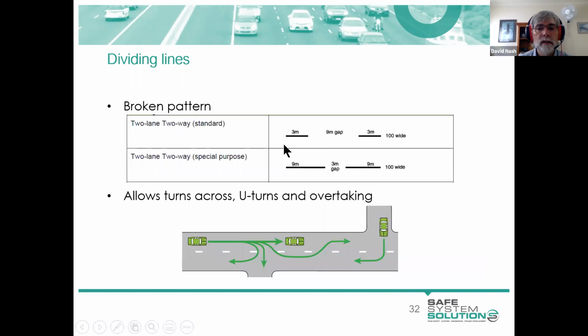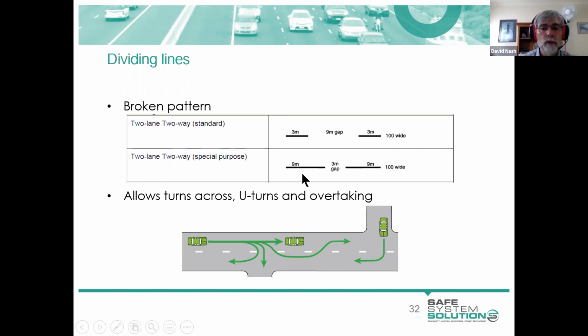Dividing lines are a standard pattern of a 3-metre line with a 9-metre gap, generally 100 millimetres wide. But if you want to put a bit more paint on the road and make the dividing line a bit more conspicuous to drivers, then you should stick with the 12-metre pattern, but make the line 9 metres long and the gap 3 metres.